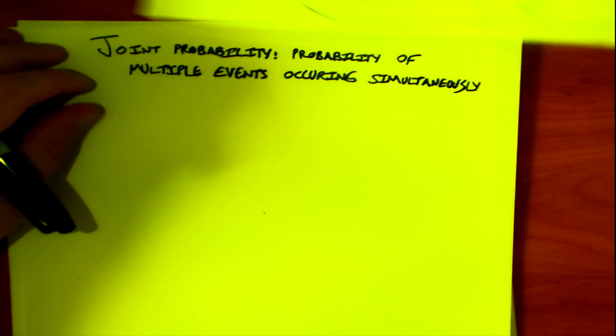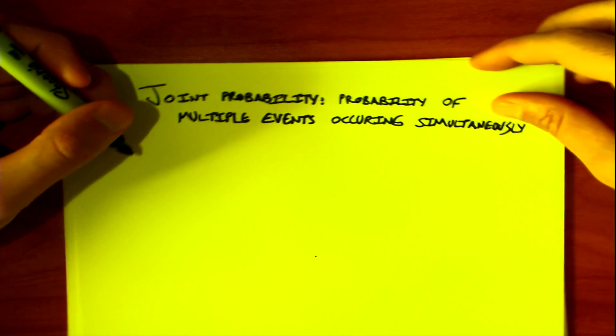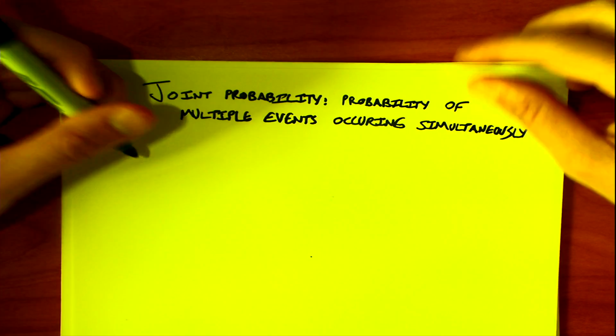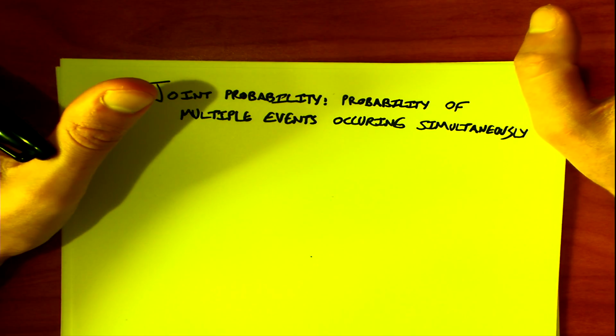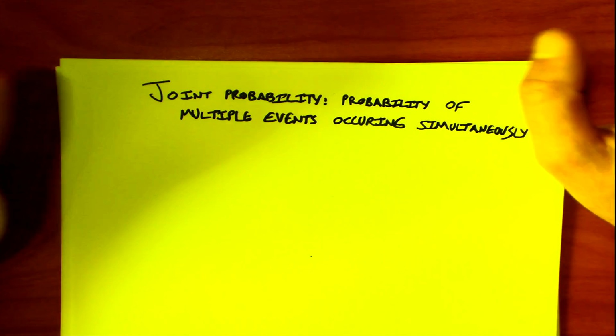So the joint probability is the probability of multiple events occurring simultaneously. So dry and porosity over 10%, commercializable and porosity under 10%.